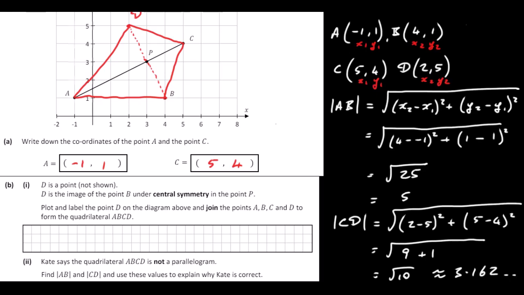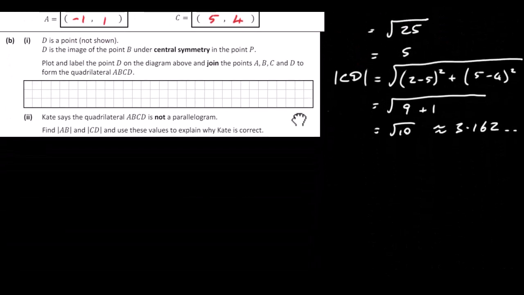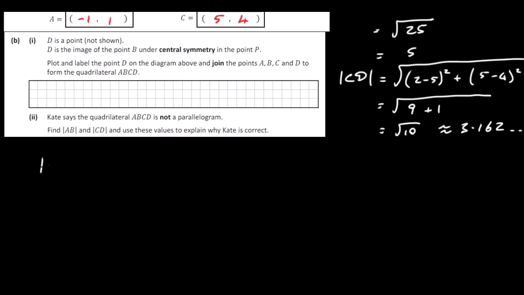Now the square root of 10 is approximately equal to 3.162 and so on. So you can see that 5 is clearly not equal to 3.162, so opposite sides of this quadrilateral are not equal, therefore it's not a parallelogram. So you just need to write that out. So the distance from A to B, which is equal to 5, is not equal to the distance from C to D, which is the square root of 10.